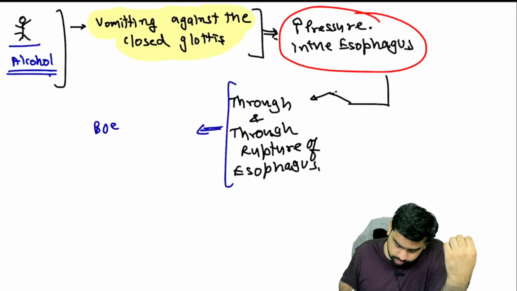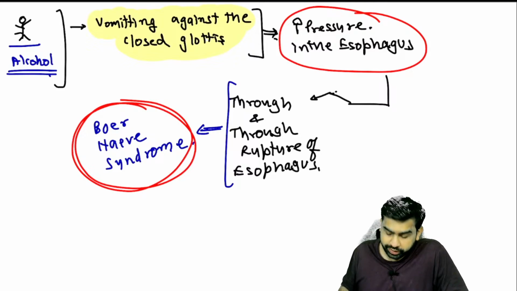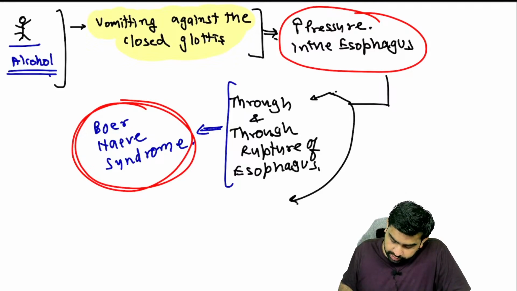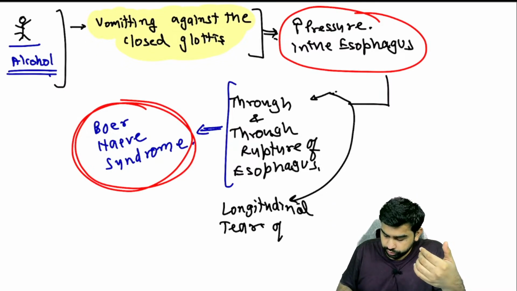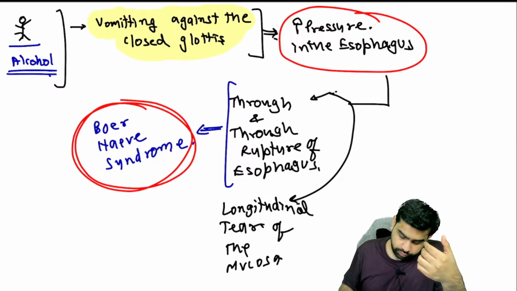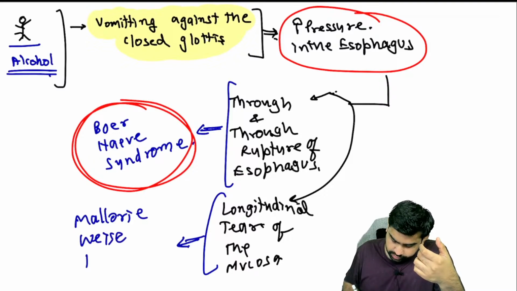So what is Boerhaave syndrome? Boerhaave syndrome is a through and through rupture of the esophagus. And if there is a longitudinal tear of the mucosa, that is what is called a Mallory-Weiss tear.